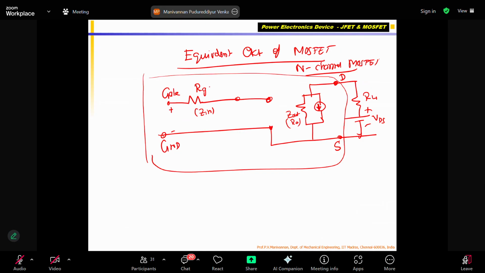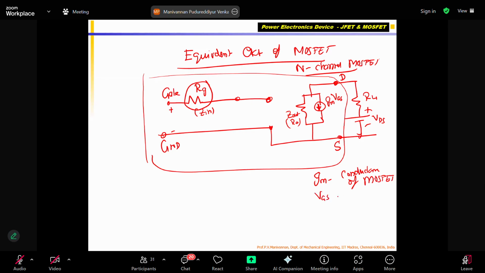What does it do? One resistance represents the input impedance or gate resistance. Then there's a current source. The current flowing through it is nothing but gm times VGS, where gm is called the conductance of the MOSFET.